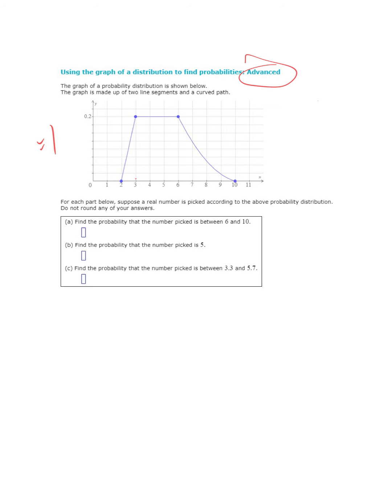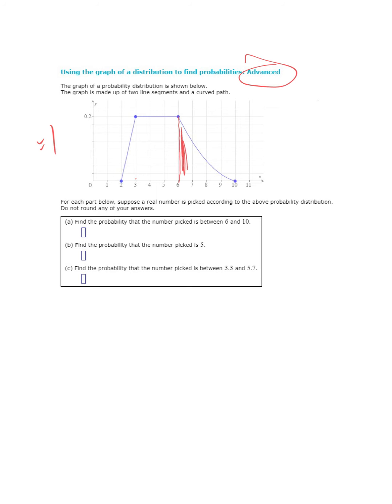It says find the probability that a number picked is between 6 and 10. All right, so let's just look between 6 and 10. So this area I'm looking for right now is from between 6 and 10.